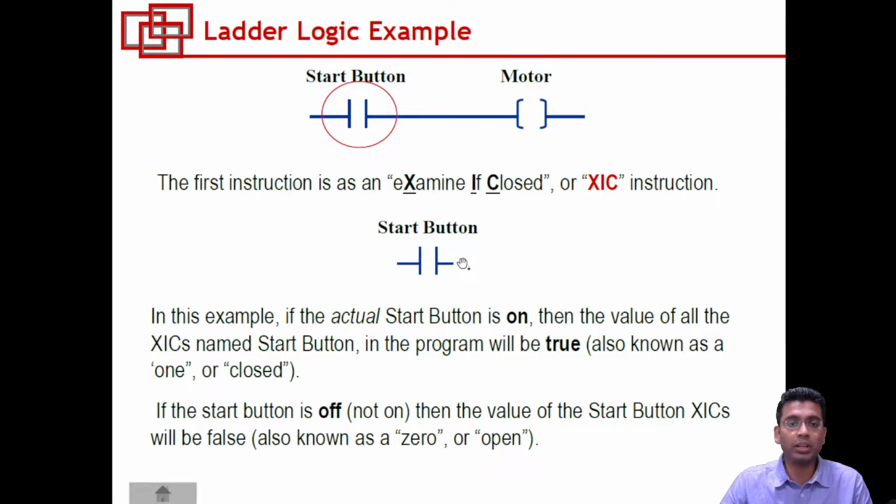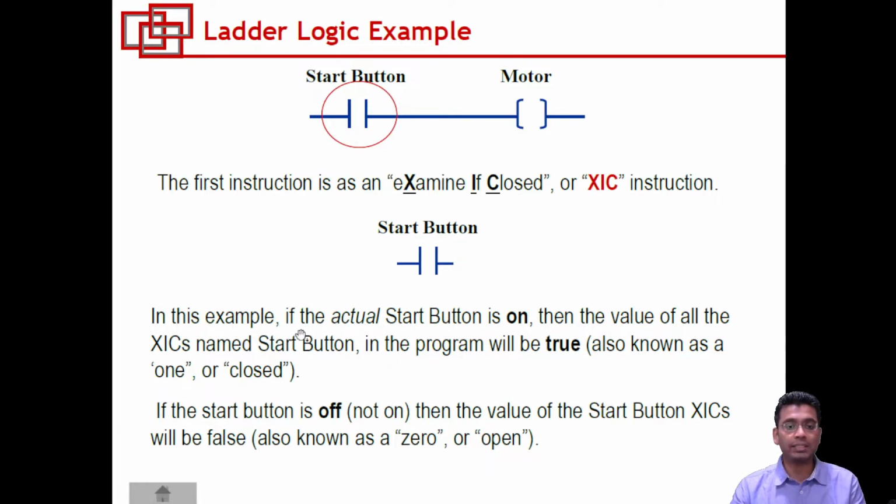So the moment you have any input coming from any of the sensors or any switch, for example, when you are pressing that, then this will get closed and this will make the circuit, and hence this will energize the output here. In the PLC naming analogy, this is known as the XIC instruction, that is examine if closed.